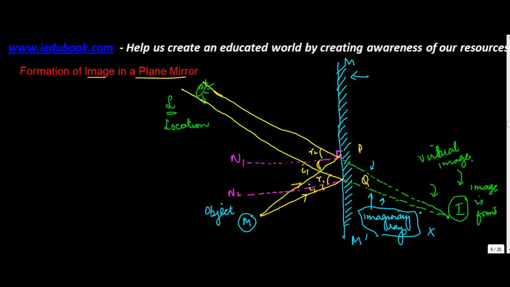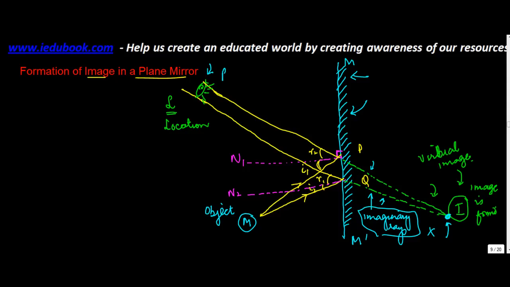Because rays cannot actually pass behind the mirror, because the surface of the mirror, as I showed you here by these lines, is polished or it's painted. So there is no light which can actually pass through the back surface of the mirror, but it only appears that these rays are moving back. And the image formation actually takes place here, or it rather appears that the image is formed here.